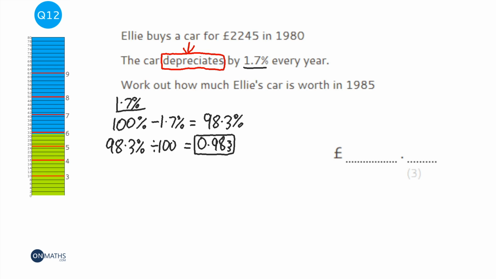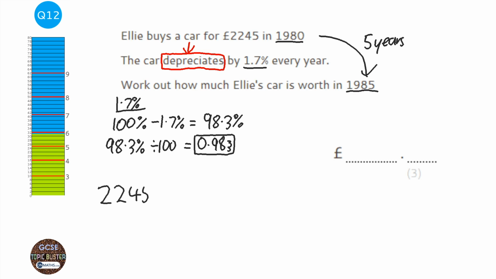So we've got a car we bought in 1980, and what is it worth in 1985? So that is 5 years. So it's going to depreciate by 1.7% every year. So we've got the 2,245, and if we times it by 0.983 once, that's 1 year. But we need to times it by that amount 5 times.